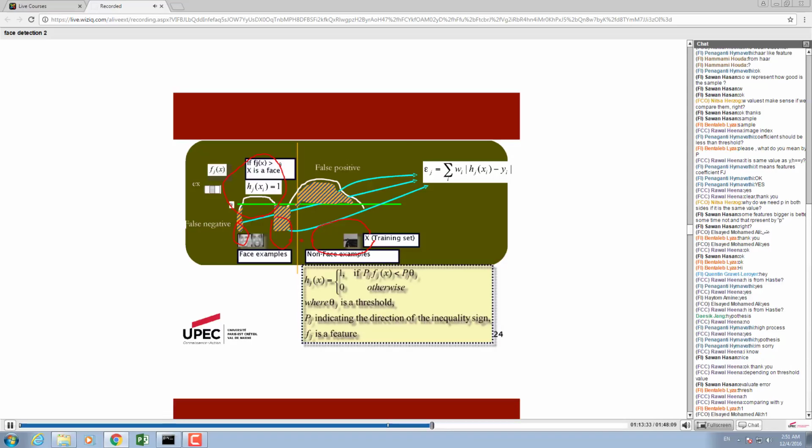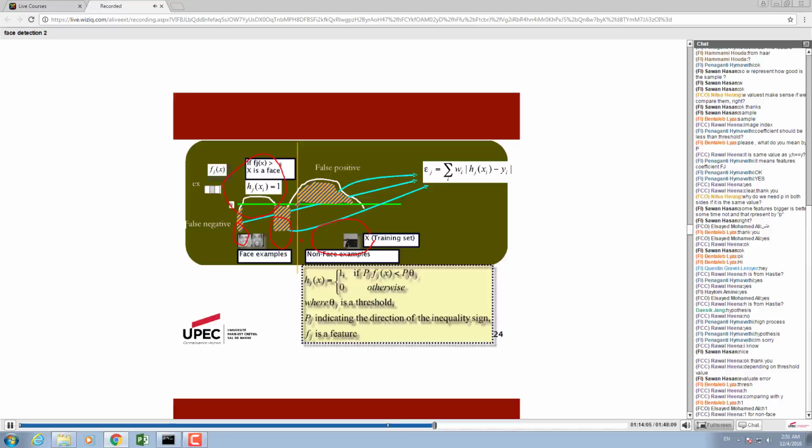Okay. But if you look at the left side of the yellow line, some parts of this colored area, like this one and this one, some part of the graph is below the green line. It means they are giving the wrong answer. What should be the answer of the weak classifier H in this case?